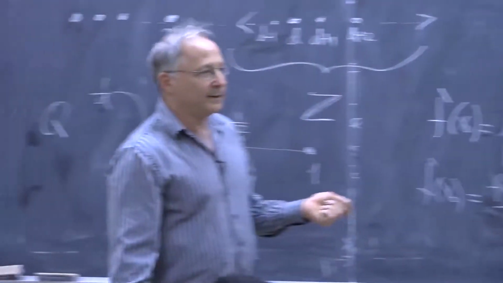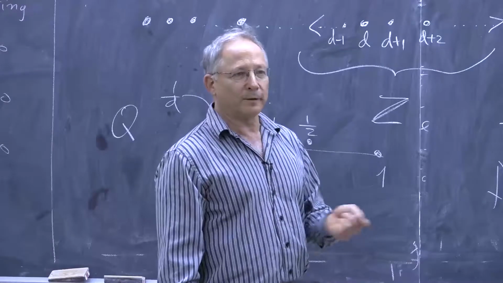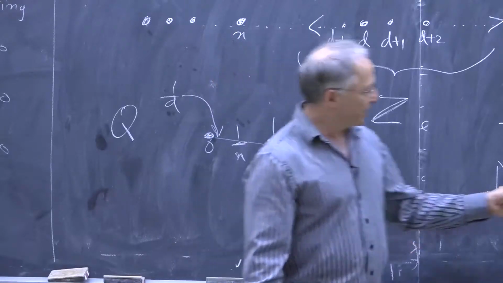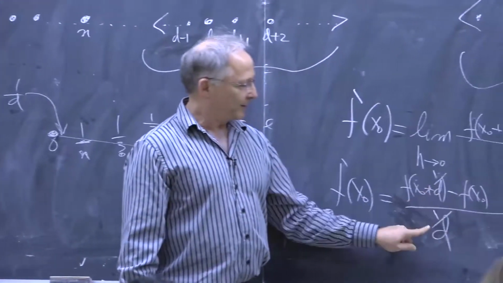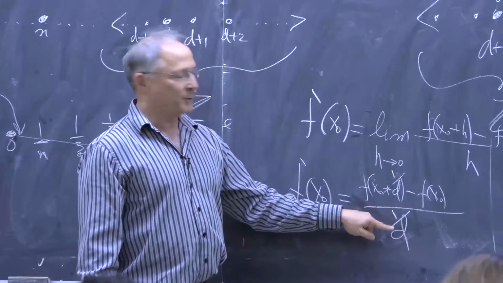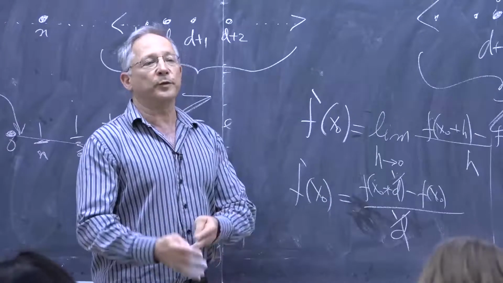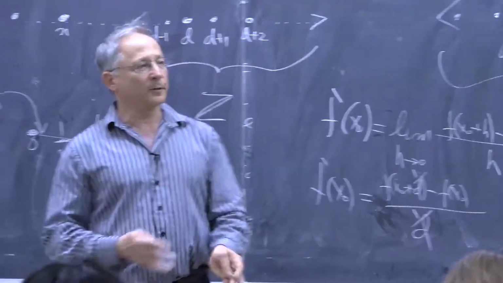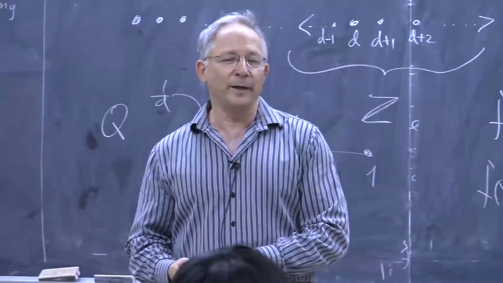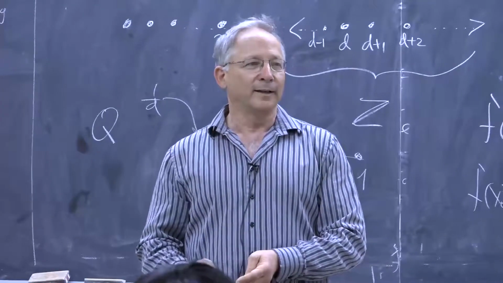The 1 over d is a small number, such a small number that it's smaller than every n. So if I calculate f at this point and divide by this small number, I'll get the limit. So it's a way to present calculus without limits.